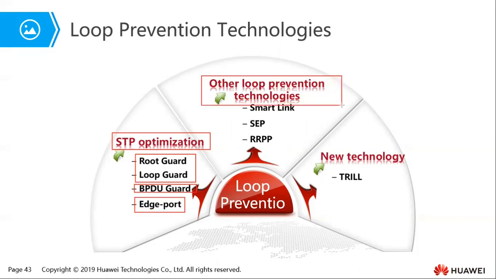You can also use other loop prevention technologies such as SmartLink, SEP, and RRP. Please, when you get time, read about those ones. And there is a new technology that is used to prevent loops. It's called Trill. Trill is, what does it stand for?